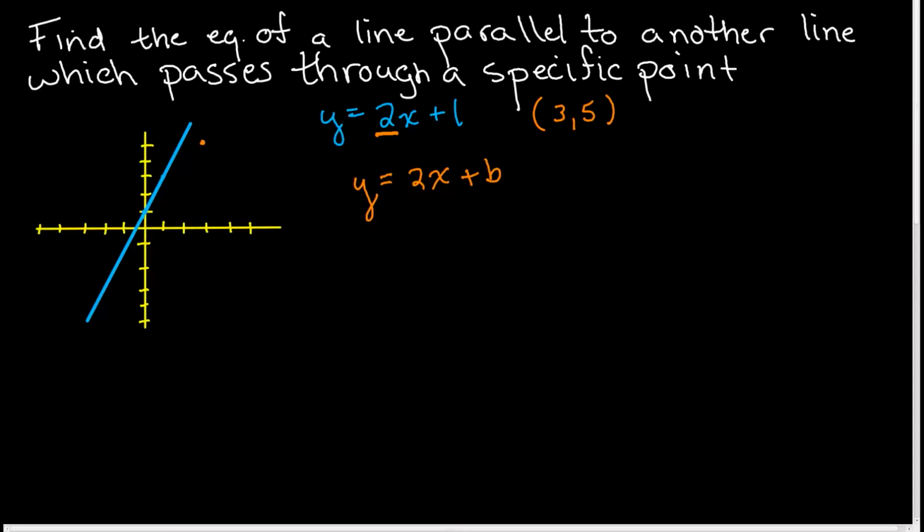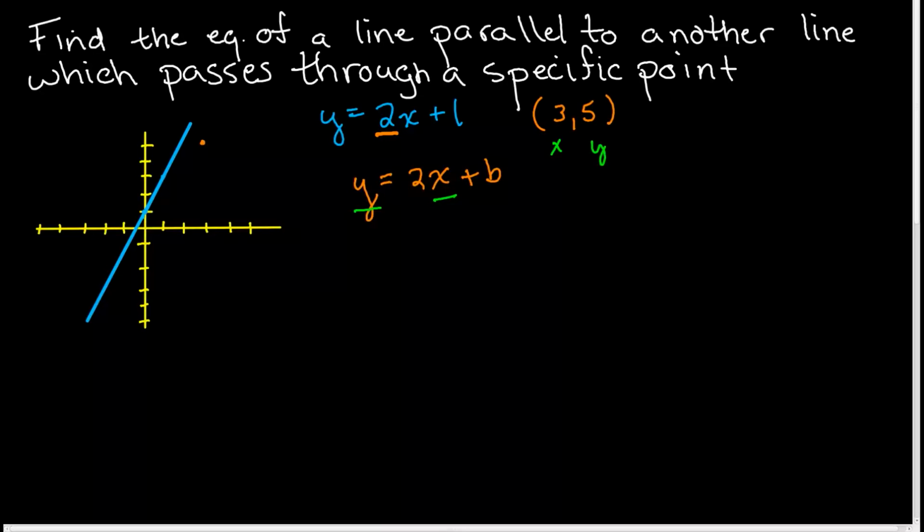Well, you may be wondering, how are we going to find out? And the answer to that is the point that we're given. The point has an x and y coordinate, and we'll label them as such. That x and y coordinate are going to be put into our equation. That's going to let us solve for our y-intercept, or b, of our new line.